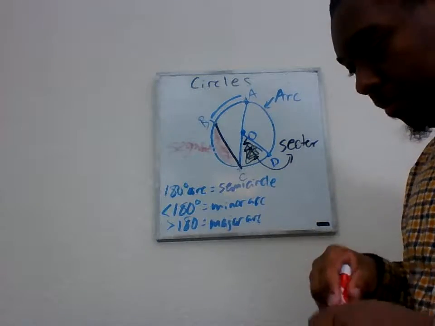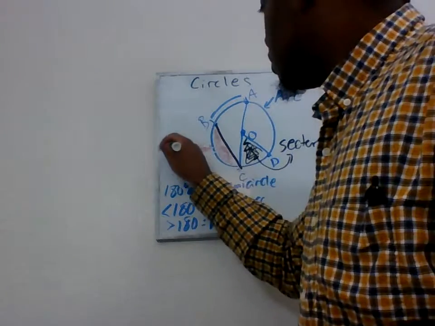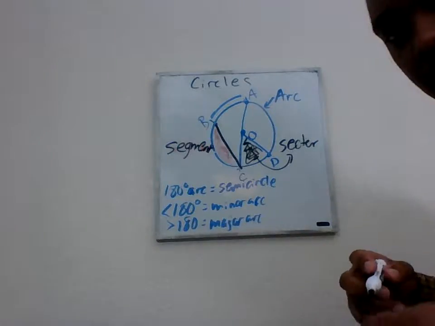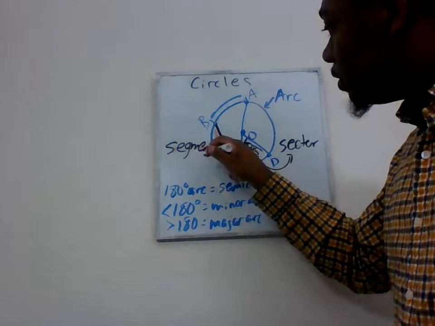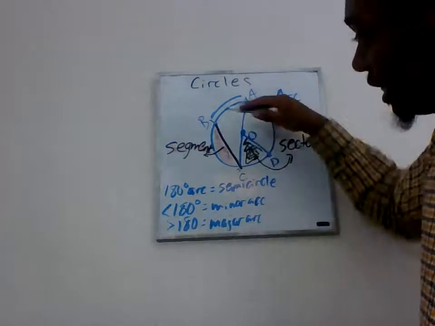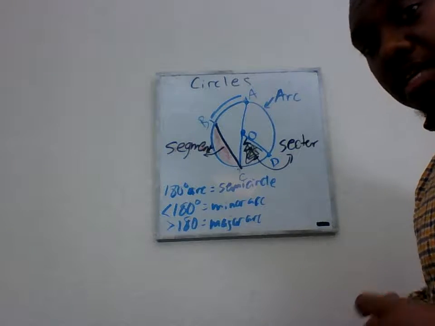A segment of the circle. A segment is as if you take a chord and you just cut across a circle. It's formed by an arc and a chord. And so that's a segment.